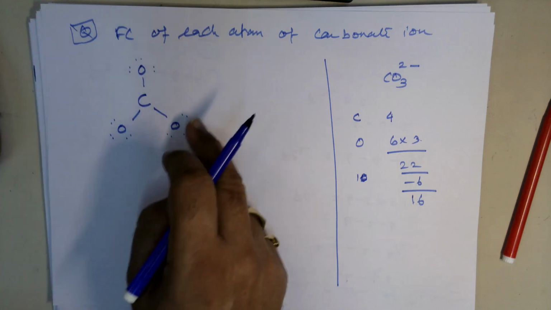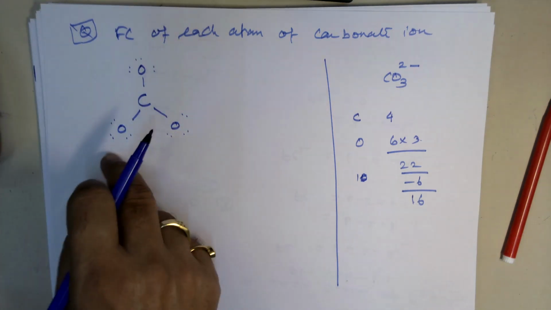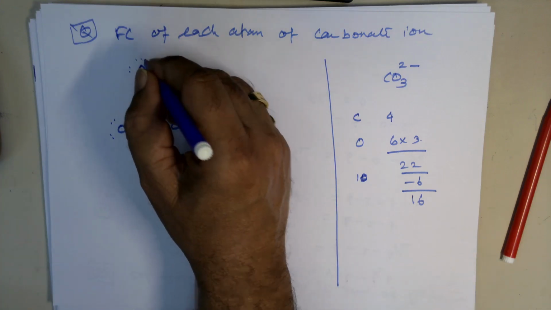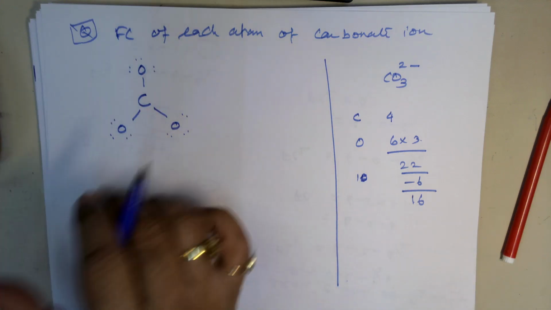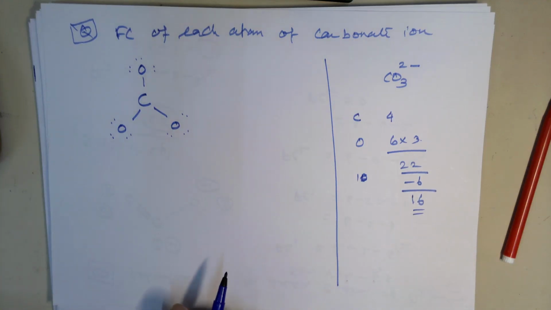How many lone pair electrons have I spotted? 6, 6, 6, that is 18, but we have got only 16. So what are we supposed to do?